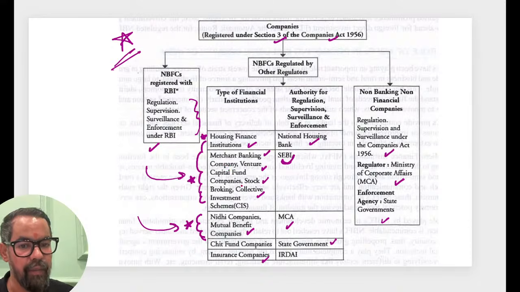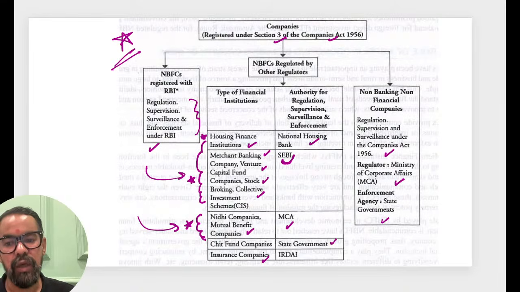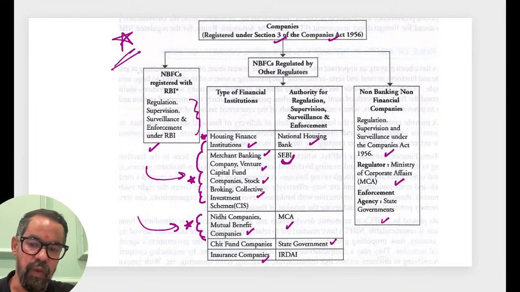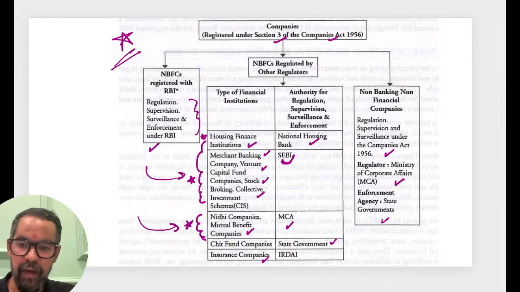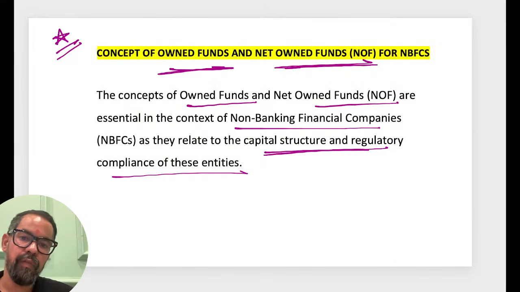ठीक है. Because in finance related get आपका this, but when it comes to housing finance, merchant bank and venture capital, we have collective investment scheme under SEBI, Nidhi companies under MCA, chit fund आपका state government, insurance company, that is also easy, that comes under the your ILDA itself, right? The concept of your own funds and net own funds.